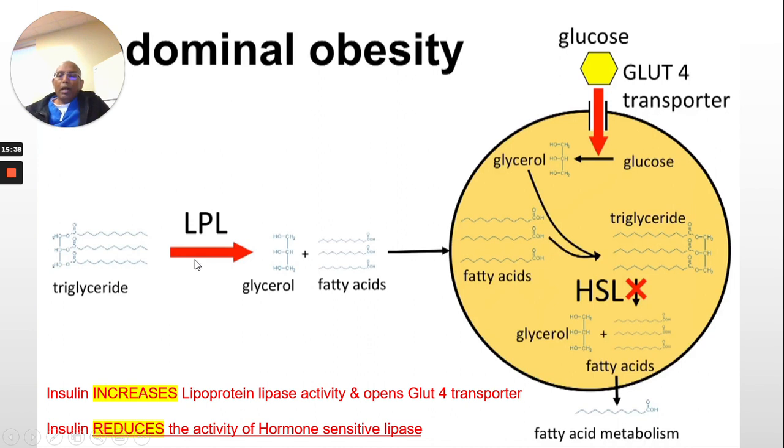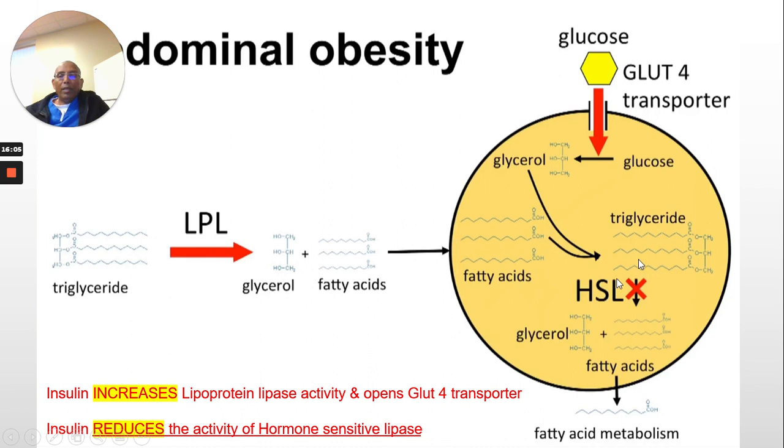We have an enzyme called lipoprotein lipase, whose activity insulin increases, which degrades the triglycerides into glycerol and fatty acids, and also activates the GLUT4 transporter, which pushes the glucose into the cell, wherein the glycerol and fatty acids again combine and get stored as triglycerides.